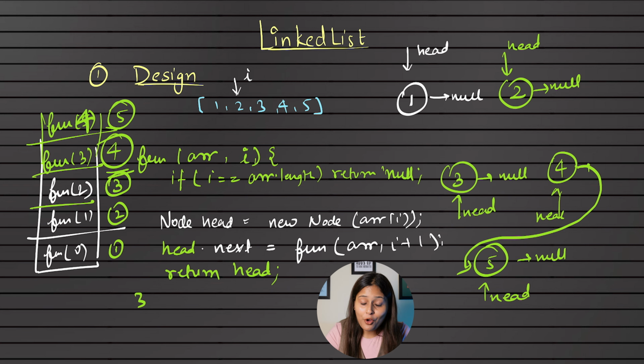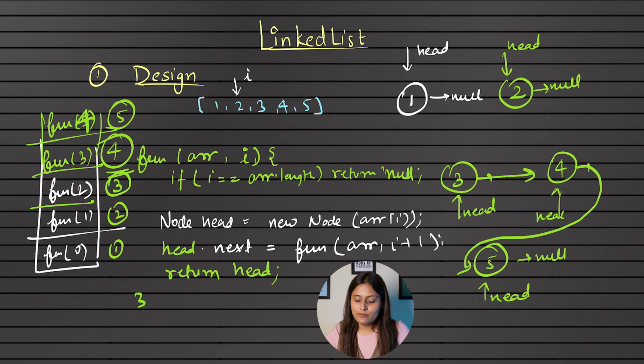So now 4 will get returned, meaning 4 with 5, because 4 has the 5th address. Correct? So now in the next call, we have head 3, and in head.next, meaning 3.next, we will save 4. So now we can say 3.next has 4.